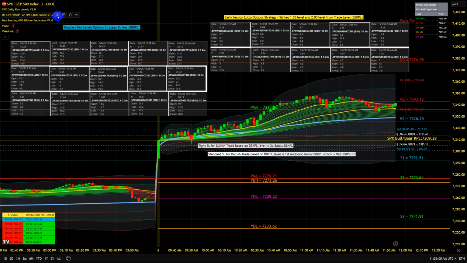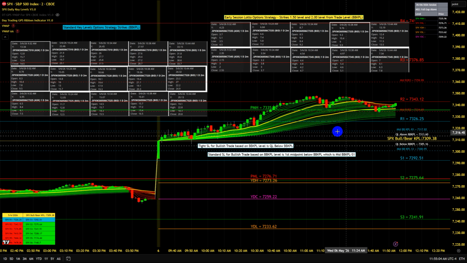If we turn off our VWAP here, you will see the VWAP has disappeared. That's not because of anything TradingView does or doesn't do, but simply because the global indices feed that TradingView gets from CBOE does not provide the volume data, so therefore there's no VWAP.